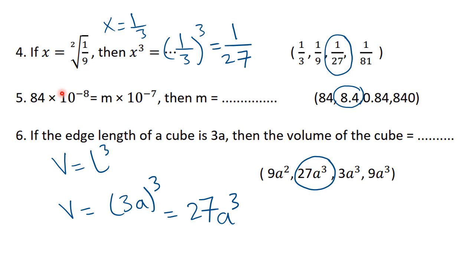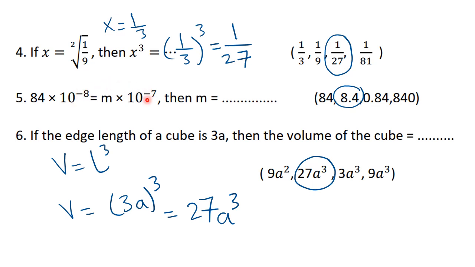In the next question, it is on scientific notation. 84 times 10 power negative 8 equals m times 10 power negative 7, and we want to get m. If we check here, the power was negative 8 and became negative 7. So we multiplied this power by 10. It means this number was increased by multiplying by 10.